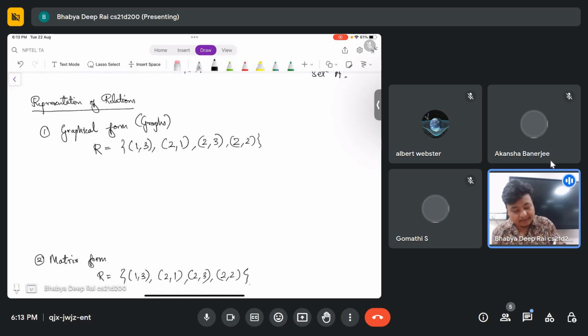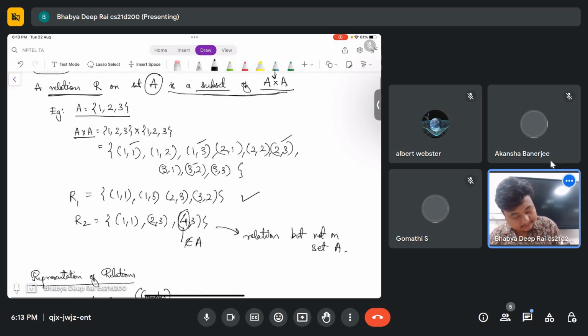These are what are called tuples, and I can read 1 comma 3 as 1 is related to 3. That is the other way of seeing it.